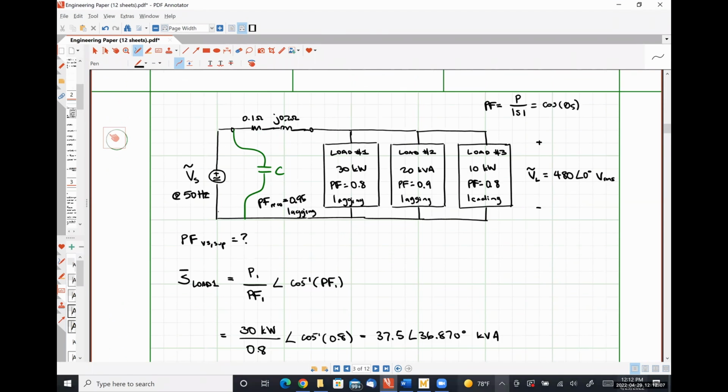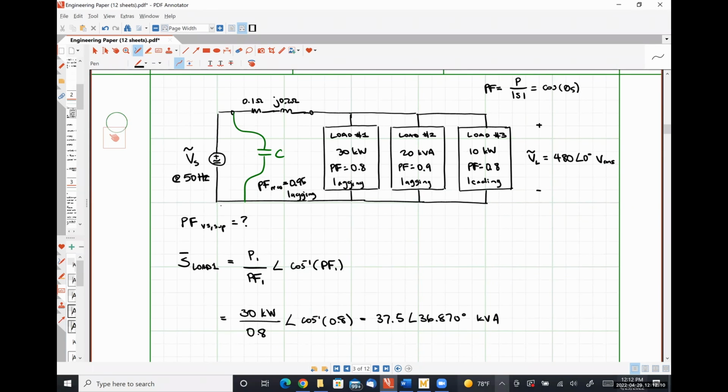So hopefully we can all see that the voltage drop applied across the capacitor is the same as this source voltage, right? So that begs the question, how do we determine the source voltage? Well, I would argue that it's just the voltage drop over our transmission line plus the voltage drop over our loads. And since we know our transmission line current, it's pretty easy to determine that voltage, right?